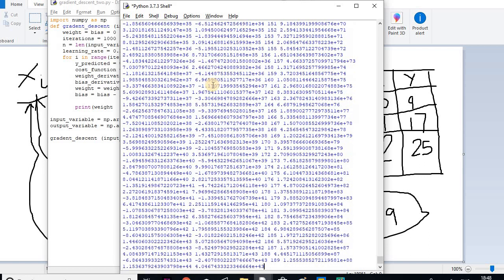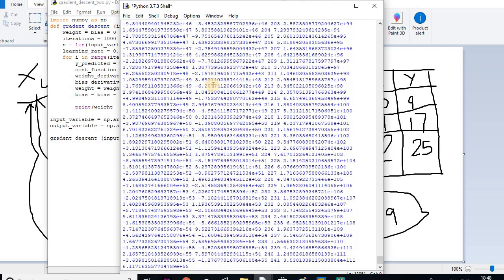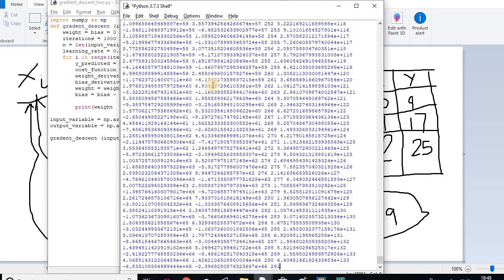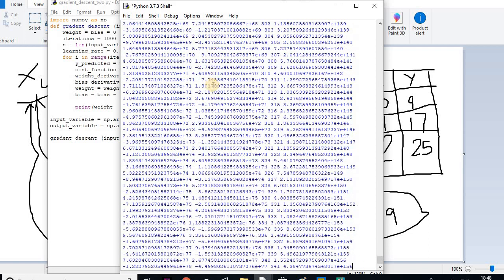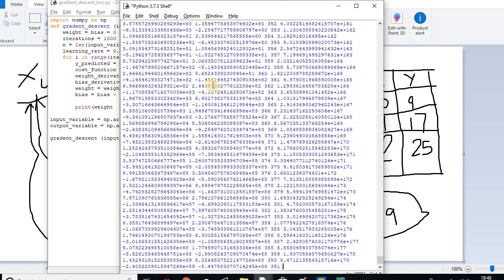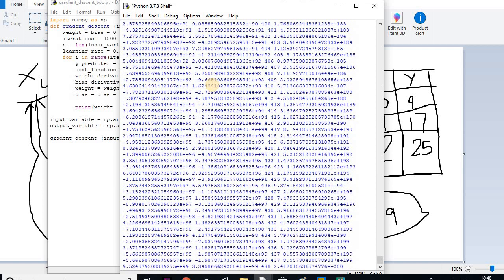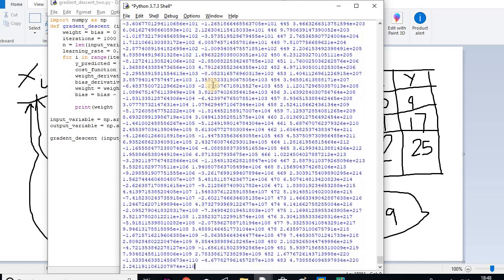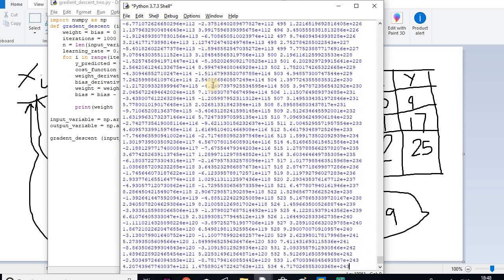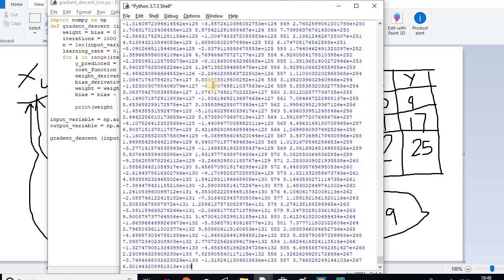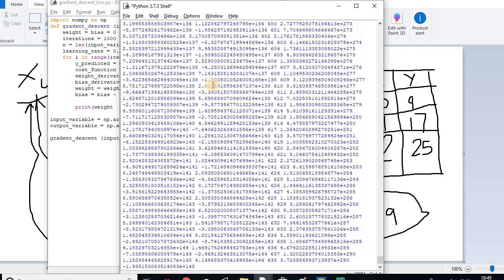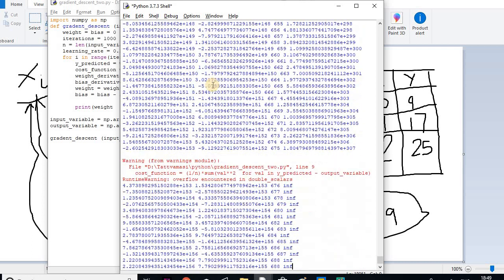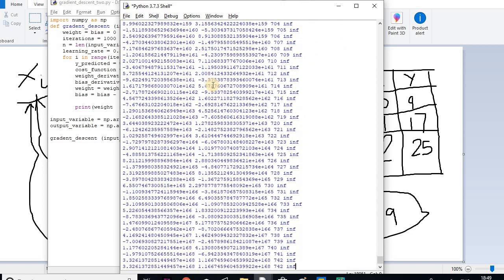It's printing. Around we have given 1000 iterations. It's running now. So we can see the cost function values. First it is giving the value of m, the network weight, then the bias, then the value of i, then the cost function. So that's what this program is doing.